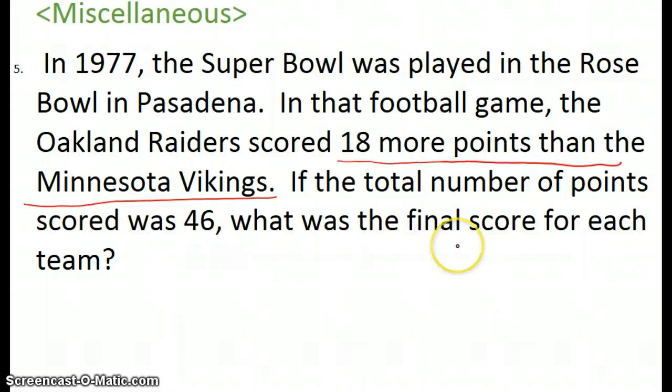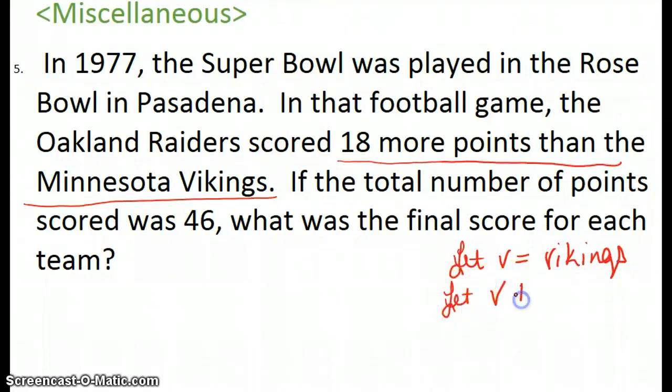So let's see what our base variable is going to be. The Oakland Raiders scored 18 more points than the Vikings. So nothing's happening to the Vikings, so let's let V equal Vikings. And the Raiders scored 18 more, so V plus 18 equals the Raiders.